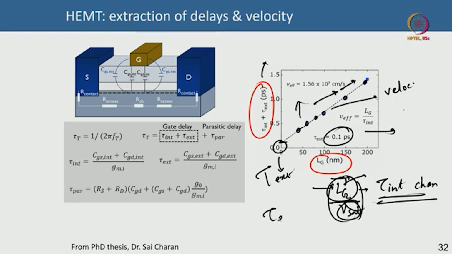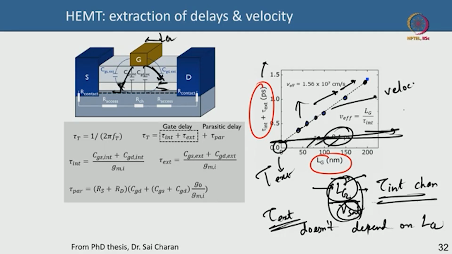However, the extrinsic delay does not depend on the gate length, because extrinsic delay is nothing but how the gate couples to the electron gas on the other side of the gate. So that component is fixed.